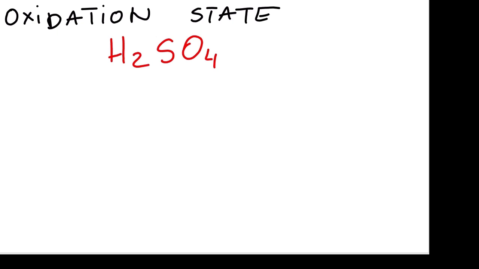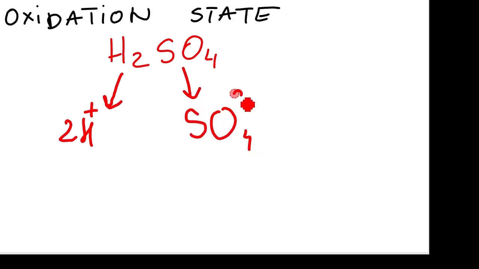So here we have a more complex, more difficult example. After dissolving sulfuric acid in water, there is also a dissociation. The particle dissociates into two hydrogen cations and one sulfate anion. The charge of the sulfate anion is equal to minus 2.